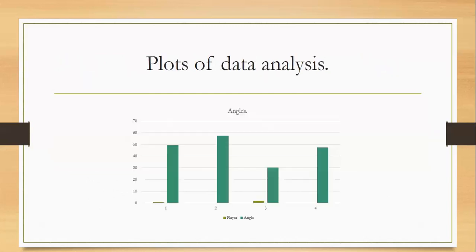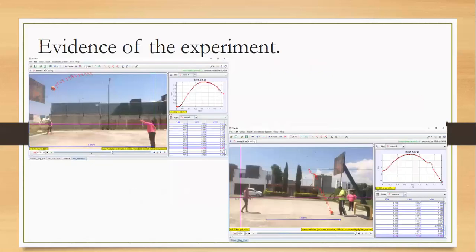Here is a plot of our data analysis about the angles. Here is some part of our experiment about making the analysis on the Tracker software that helps us determine the angle and all the plots about the motion on y, x, and velocity plots.